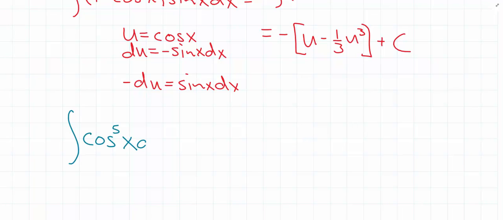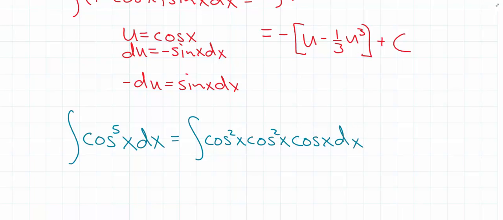So let's try this. I'll split it up, and I'll call this cosine squared x, cosine squared x, cosine x. Now you can see that I can write it this way. That's 1 minus sine squared x.